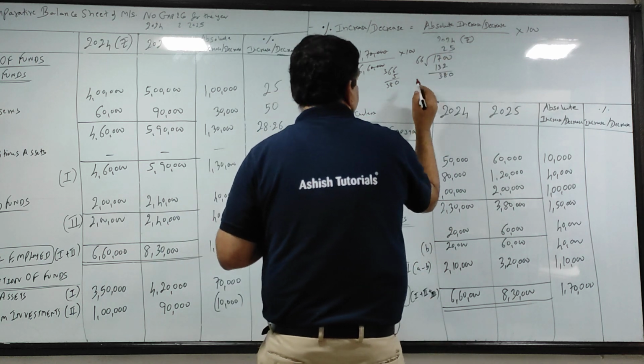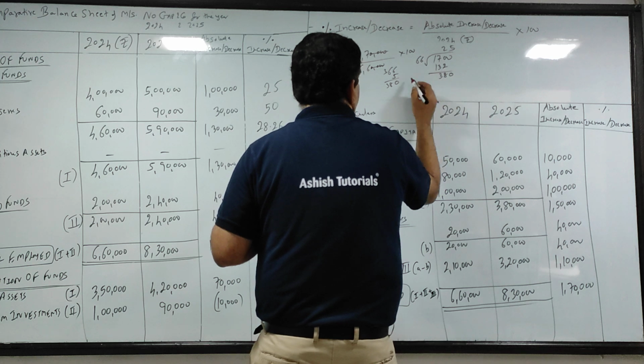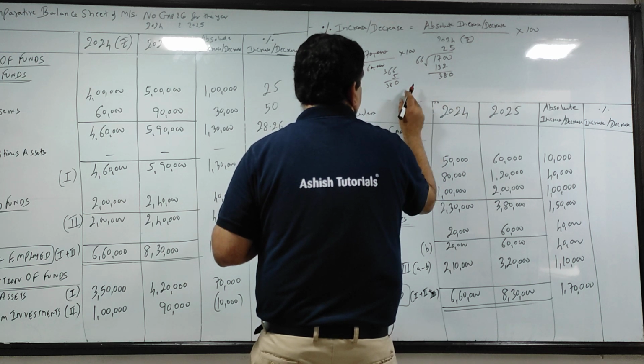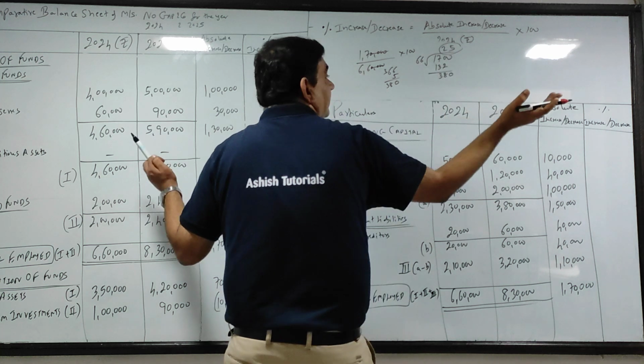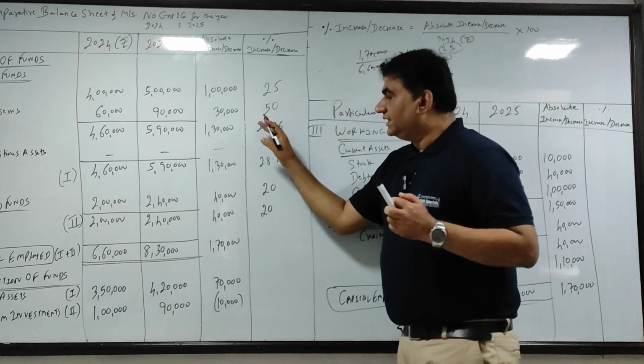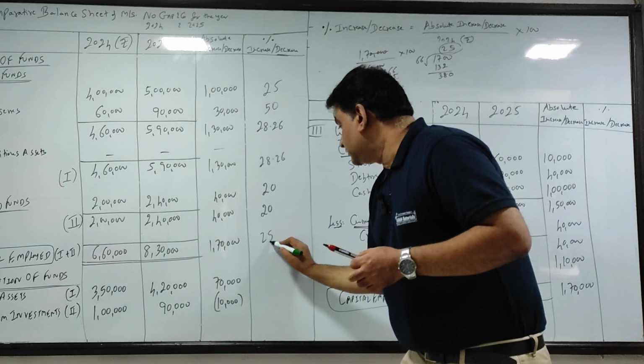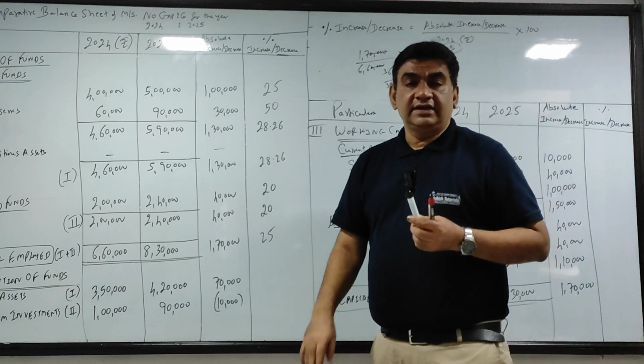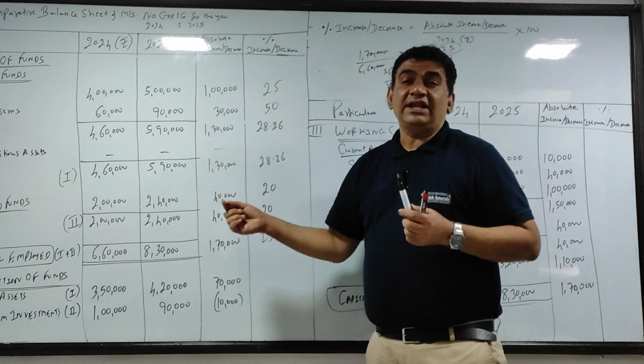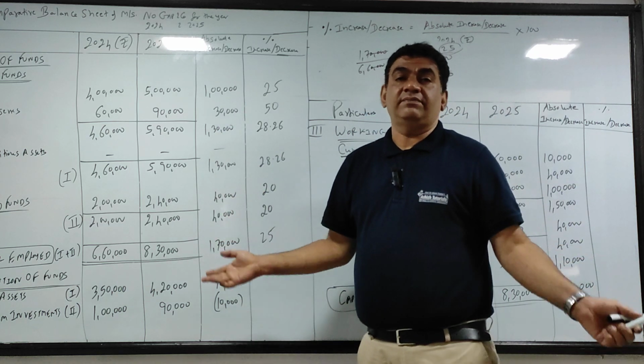Okay, let me check once again. 132, 380, 6 5s are 30. Yeah, here it directly came to 25. So see, only here it was like that, in this one you directly got 25. So this is 25. Getting it? There will be hardly one or two calculations where it will come in points.